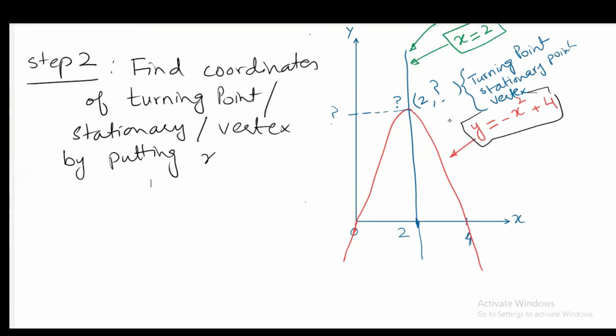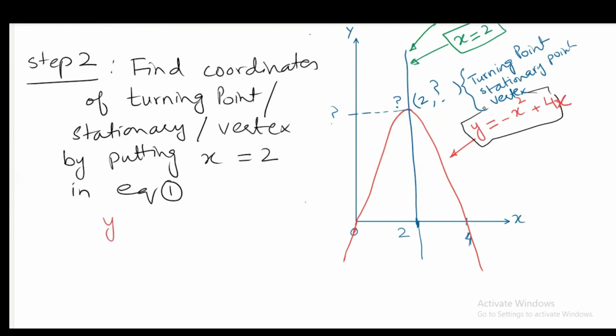So putting x equals 2 in equation number 1, which is y equals minus x squared plus 4x. Sorry, it was plus 4x.